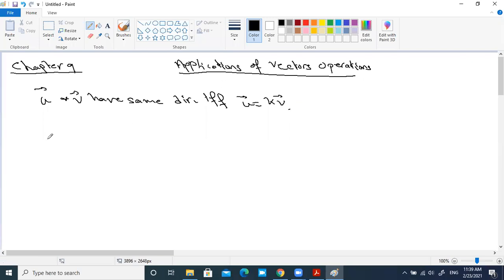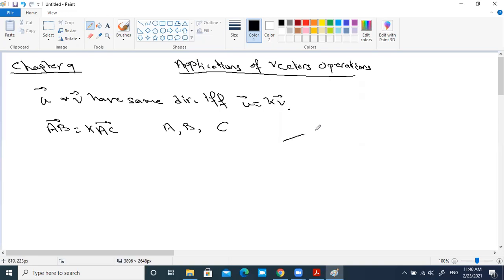So consider the case where vector AB is equal to some constant times vector AC. What can we say then about the points A, B, and C? They should be collinear.